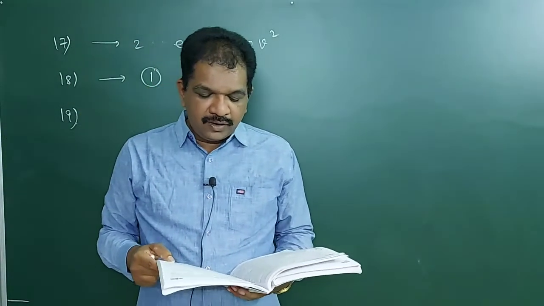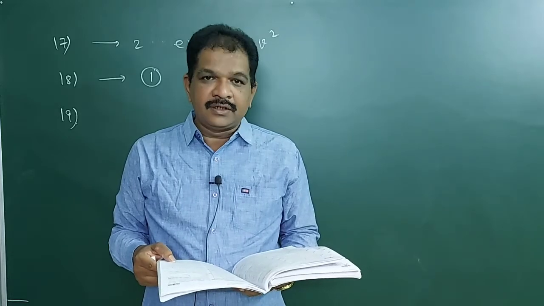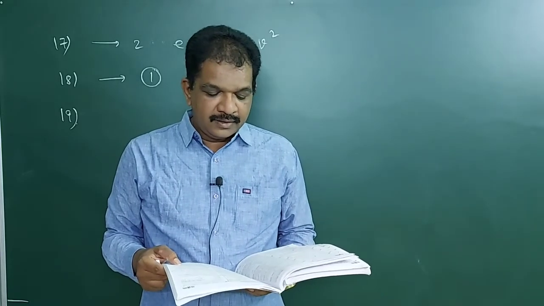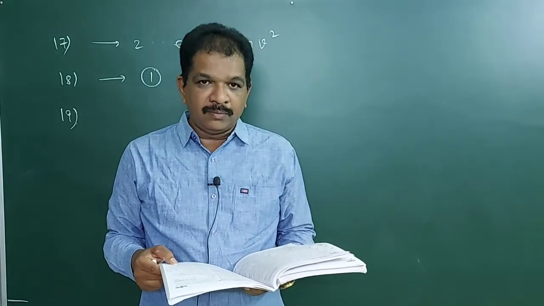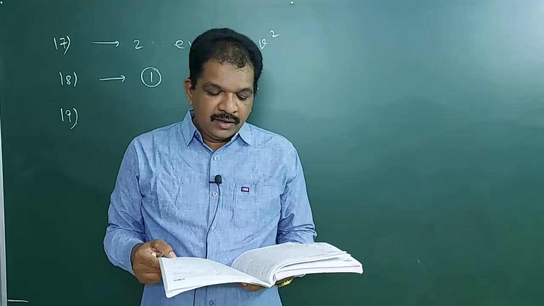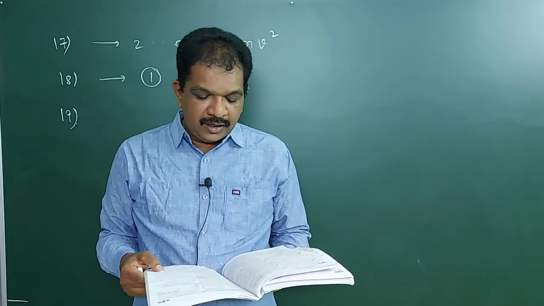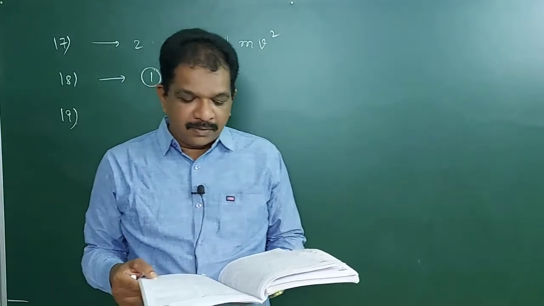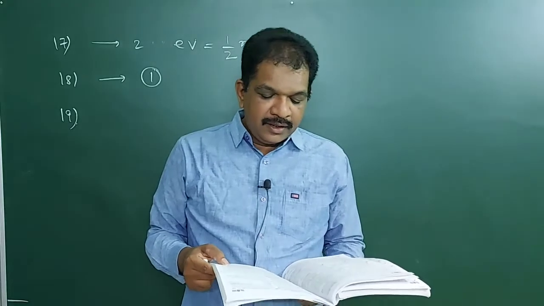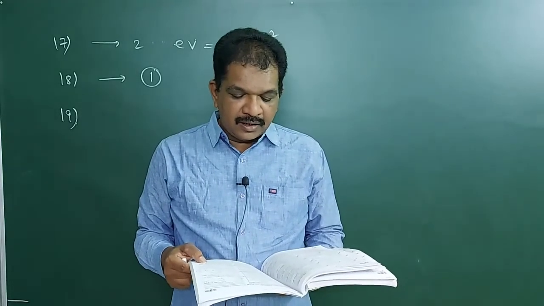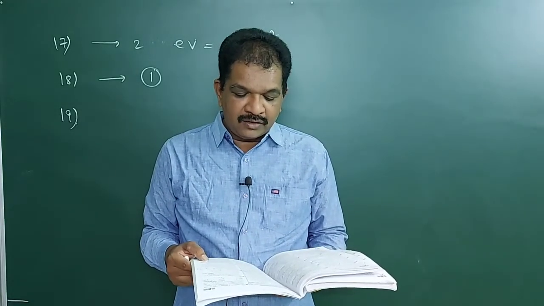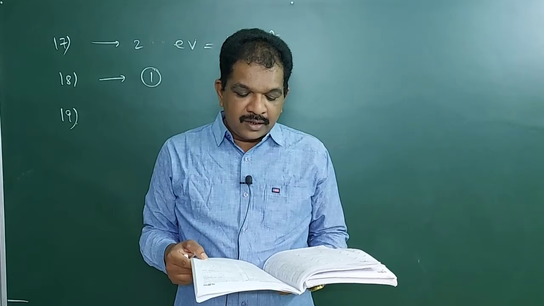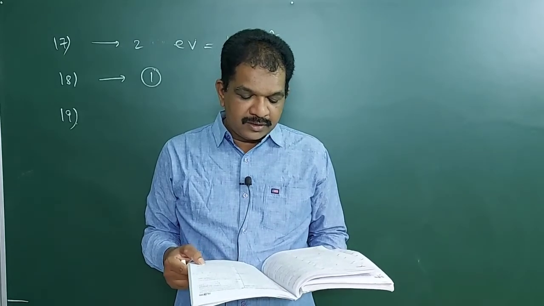19, you see, the threshold frequency for a photosensitive material is 3.3 into 10 power 14 Hz. Light of frequency 8.2 into 10 power 14 Hz is incident on this metal. The cutoff voltage for the photoelectric emission will be how much?